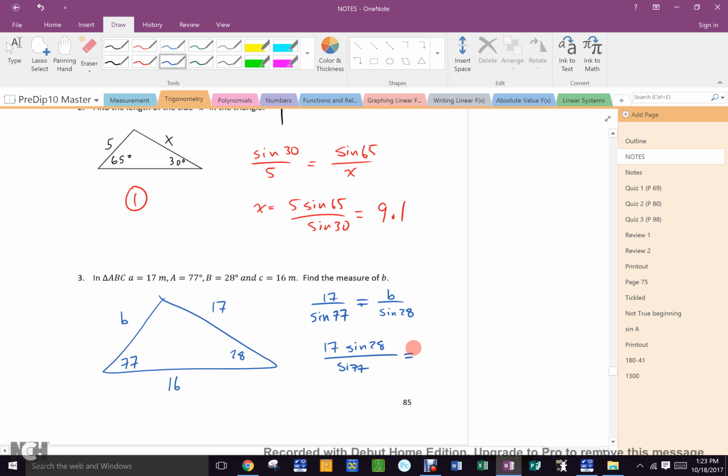And what do I get? 8.19. So 8.2. Now, does that make sense? Yes. How do I check if it makes sense? Check the angle. I have to check that angle, don't I? Yeah. Which is what?